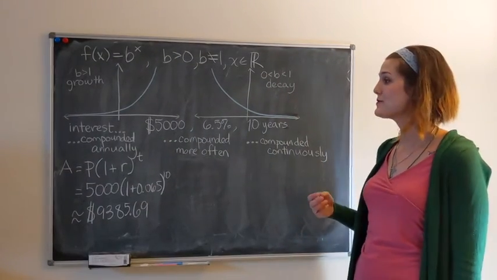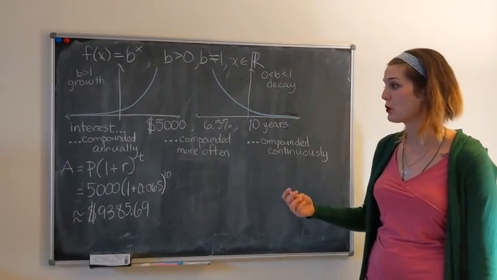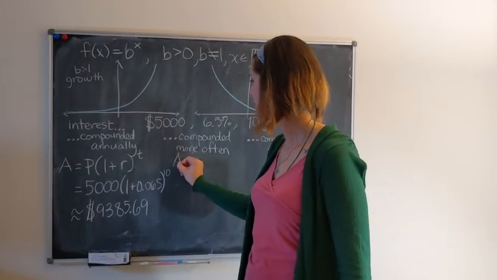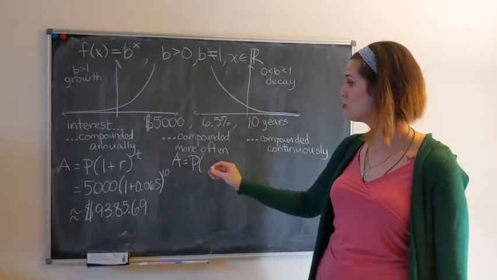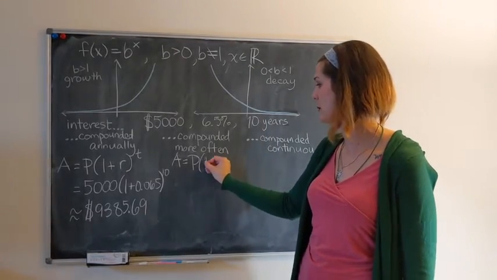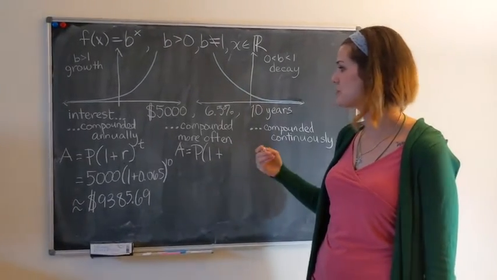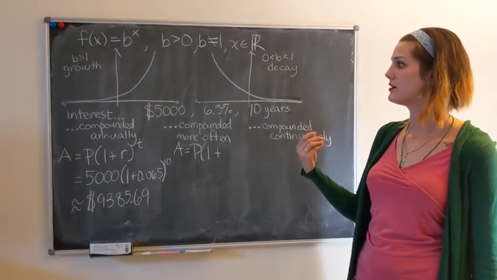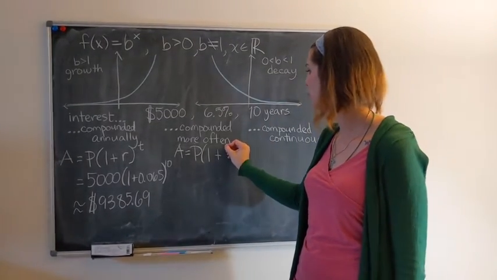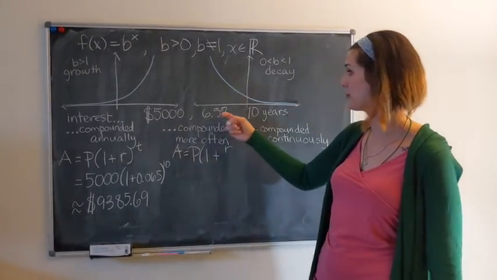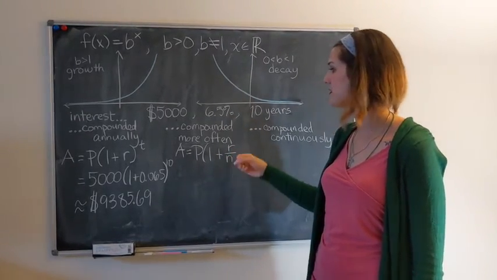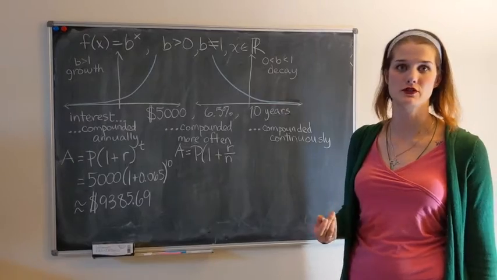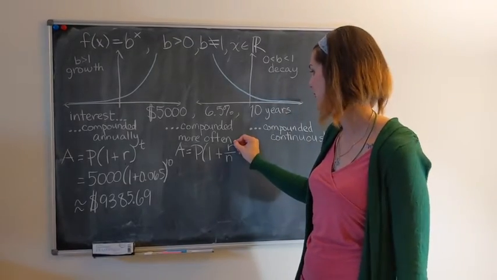Now let's see what happens if the interest is compounded more often. In this case, two things change about our equation. One is that each time the interest is compounded, rather than being compounded at the full 6.5%, it's compounded by the rate divided by the number of times per year the interest is to be compounded.